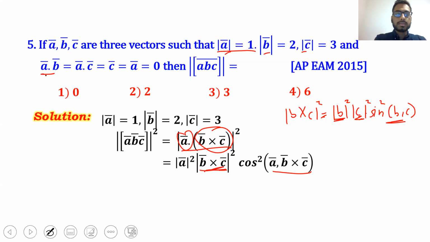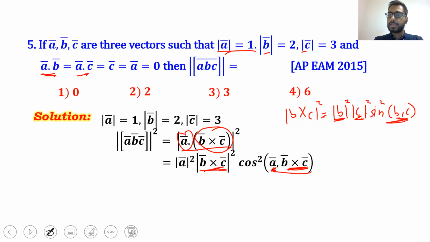It is given that A·B and A·C is 0. So if dot product is 0, it means that the angle between these two is going to be 90. So angle between A and B, and angle between A and C is 90. Therefore, I can say that the angle between B and C is 90 degrees. And there is B cross C, so there is a perpendicular which is drawn to this plane, B cross C. And I also know that A is also perpendicular to B and C plane.